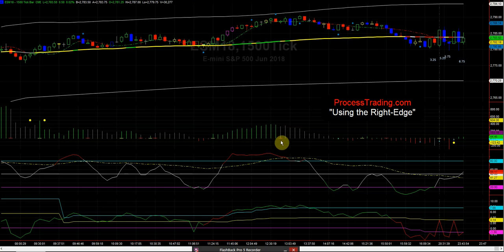So the red underscore shows weakness, the yellow underscore shows strength. So that could be one sign. Then the sentiment oscillator here shows the momentum line cutting down through the sentiment line and cutting down through the upper bound right over in this area here.